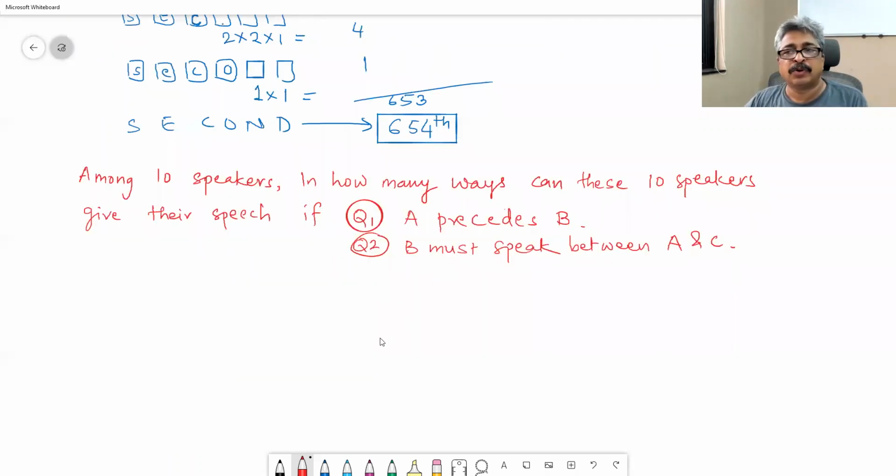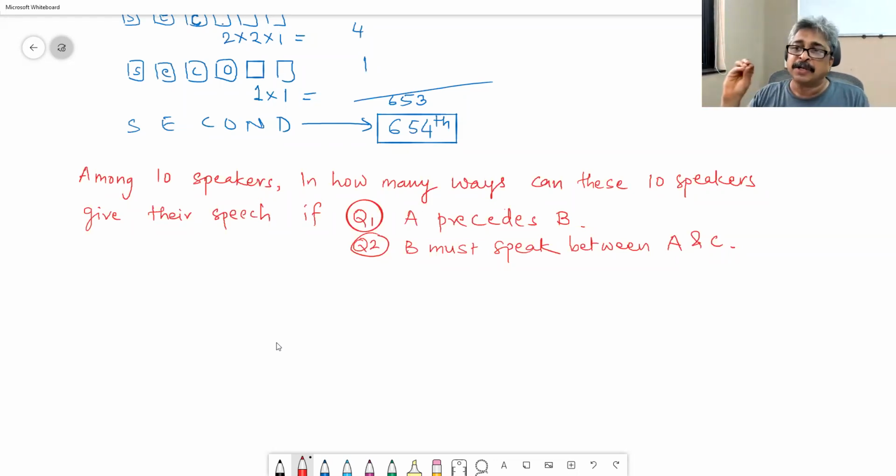Moving on, you can solve this problem in a couple of ways. Number one is you can fix the position of A. Suppose A speaks first. Then in how many ways will the remaining people speak so that A precedes B will happen? Because definitely it will happen. If A speaks first, A precedes B will happen.